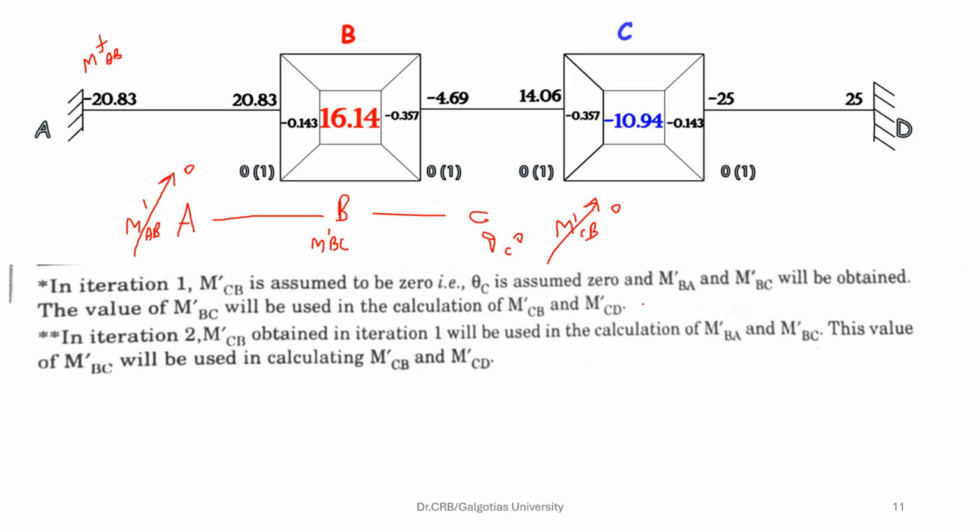Now what we do is, we will take the joint C here. This is D and this is B. Already I have calculated M dash BC, so here the new M dash BC will have some acceptable value.